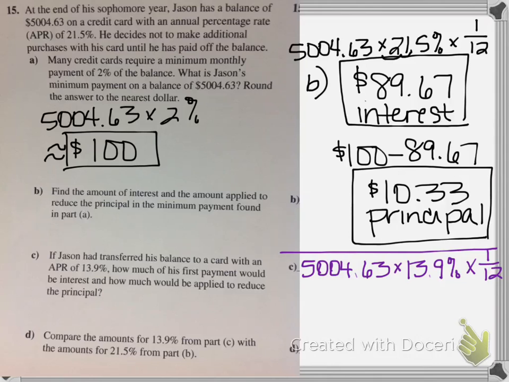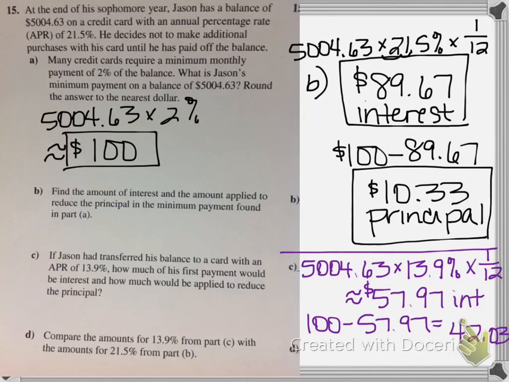So that's going to give me approximately $57.97 going towards my interest, which when I subtract that from 100, I get 42.03.